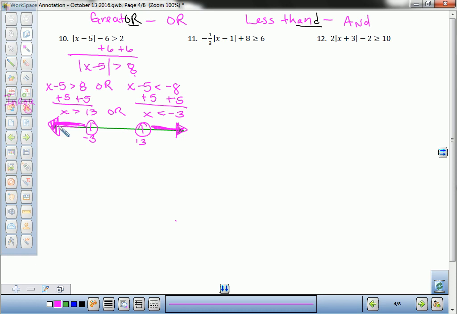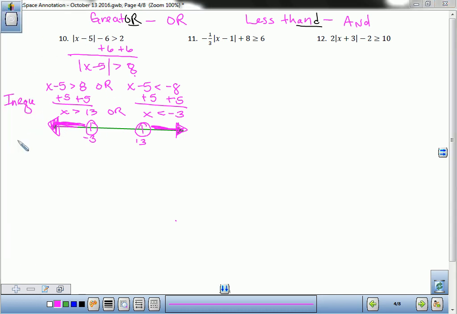You may not. And isn't there a line, fill in the circle? If there's an equal to, yes, it would be a filled-in circle. And we have one of those to do next. All right, so that is another form of an answer for this inequality. It's using a number line.